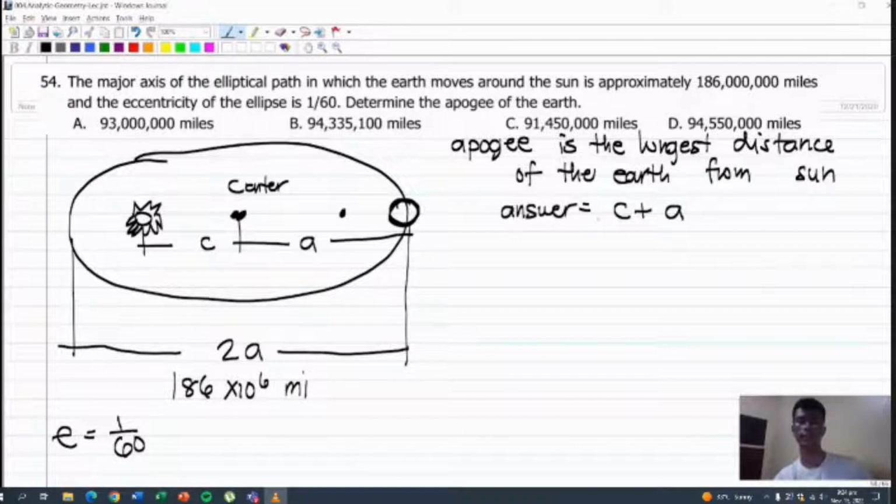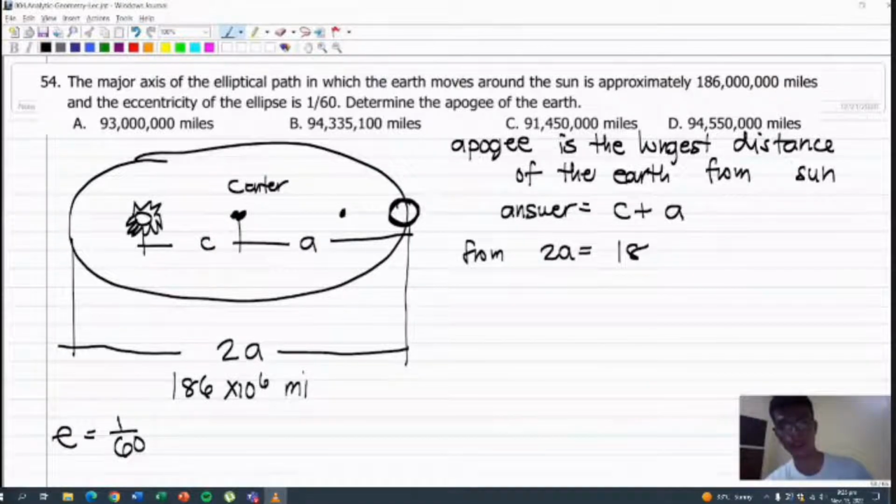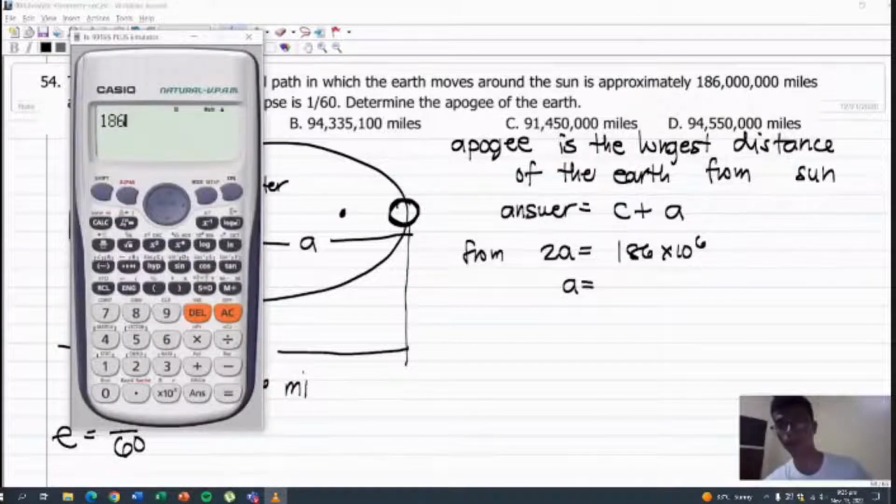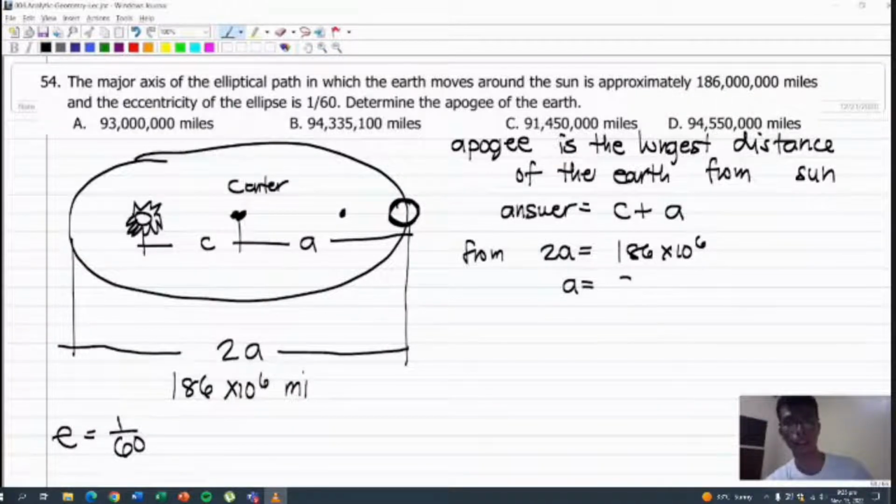Kasi si A, i-divide lang natin sa 2 yung major axis na 186 million. Diba yung A na to, since 2A, from the major axis 2A, which is equal to 186 million miles, kunin lang natin si A by dividing 186 million into 2. And that is 93 million miles.